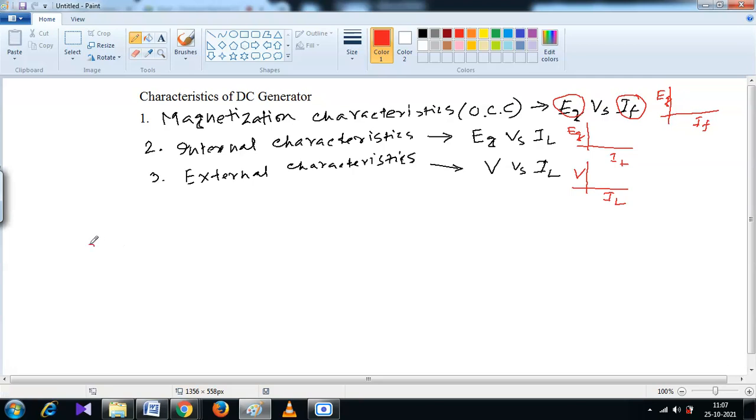First, suppose I have a machine, or I have a DC generator. Suppose I have a generator.